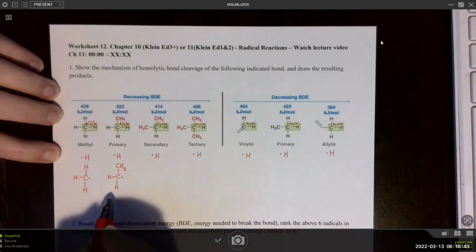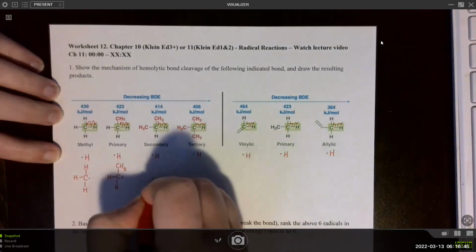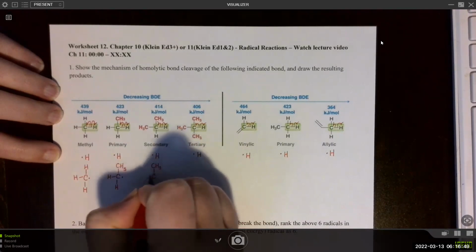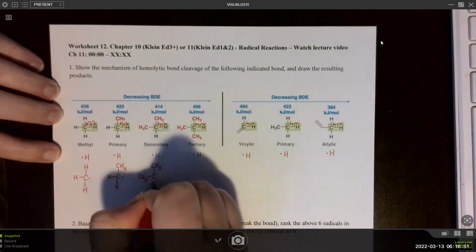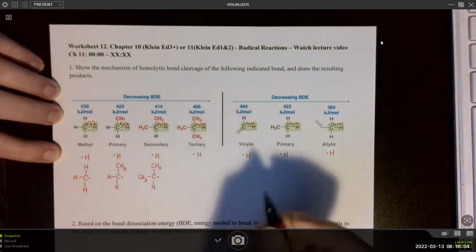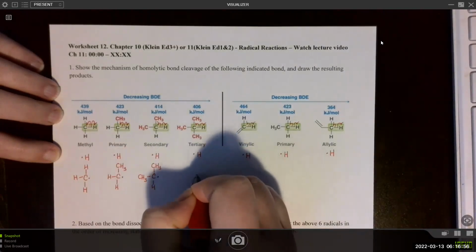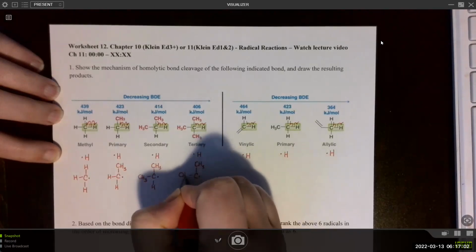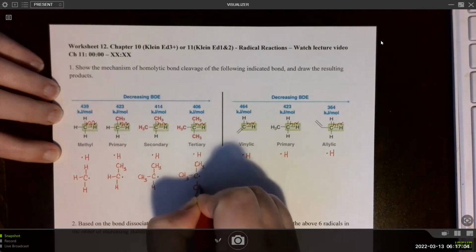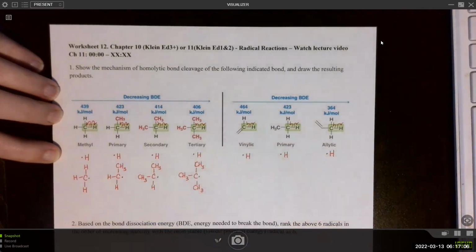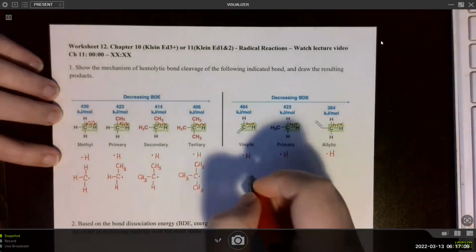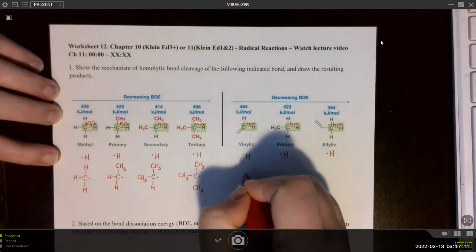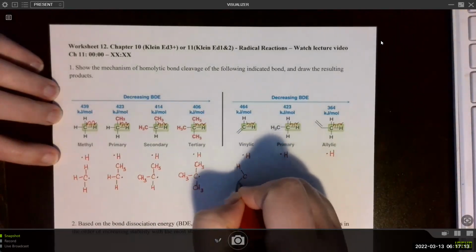So this is a methyl radical, a primary radical, followed by a secondary radical, a tertiary radical. Now we're going to draw a vinylic radical.